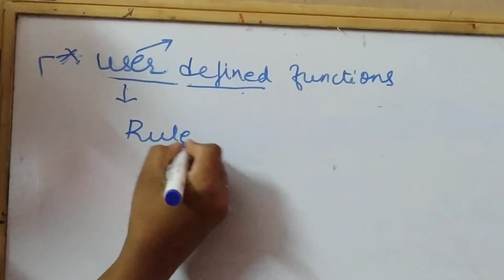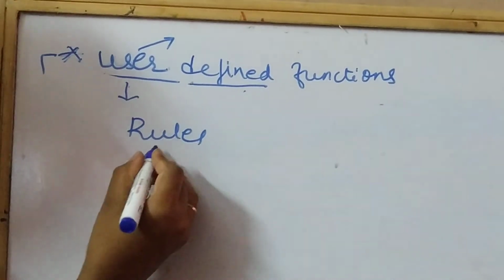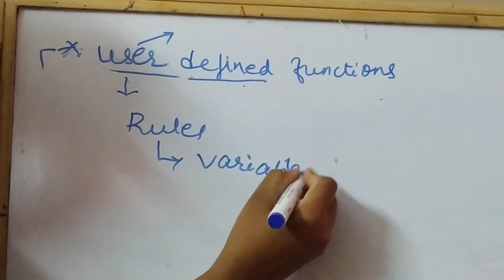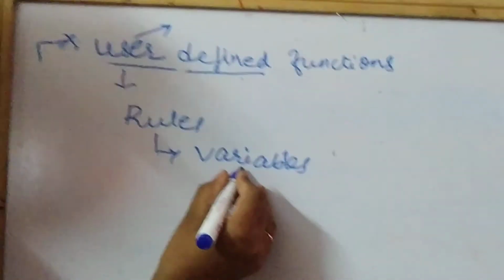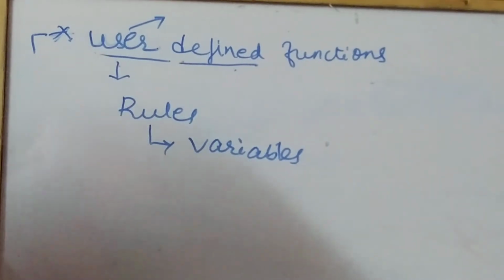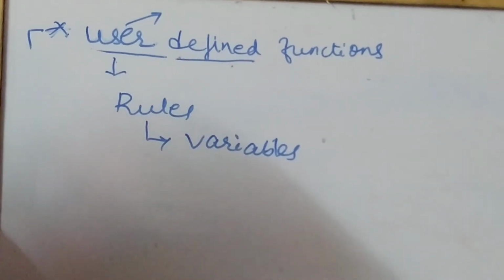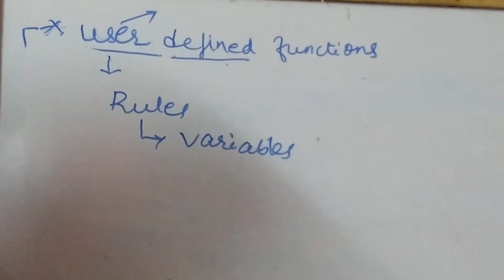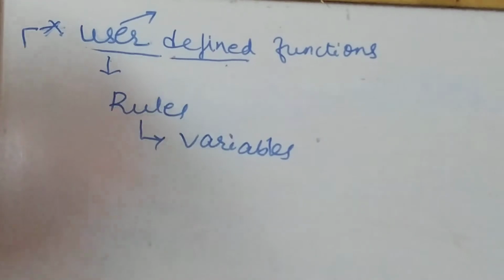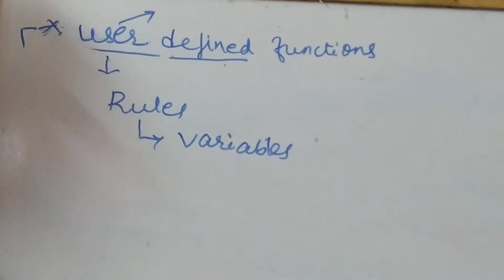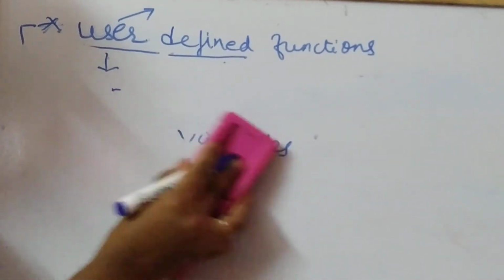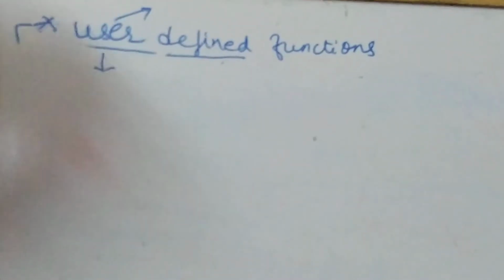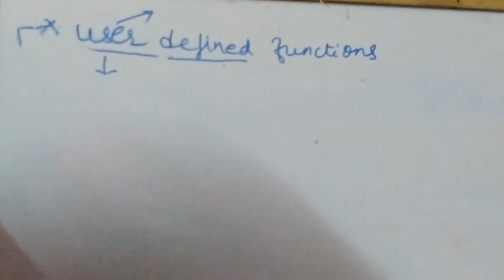Those rules are similar to those for variables. Whatever rules we follow for variables, the same way we follow here. The name should not match any of the 32 keywords. The starting should be a letter. We should not start with any digits. We can use only the underscore as a special character. We can't use any other special characters.